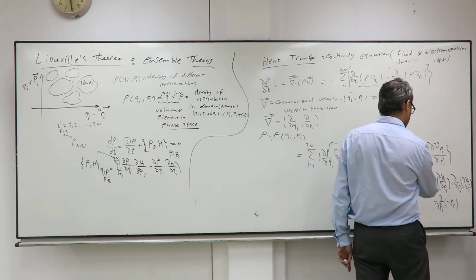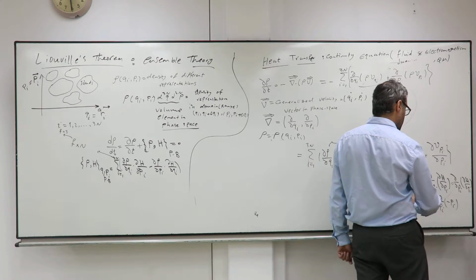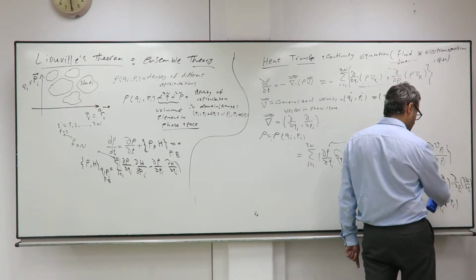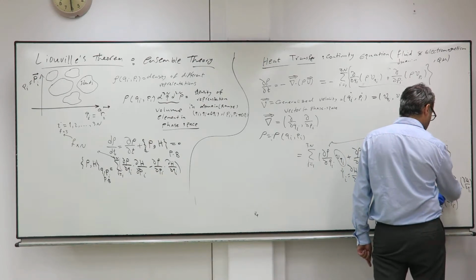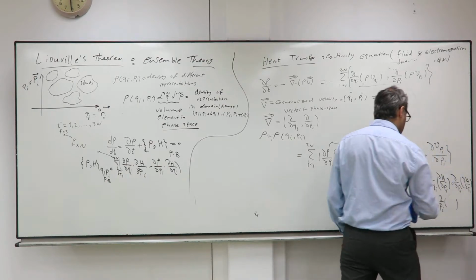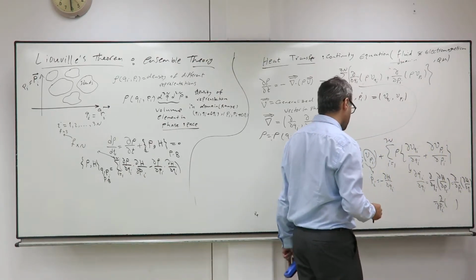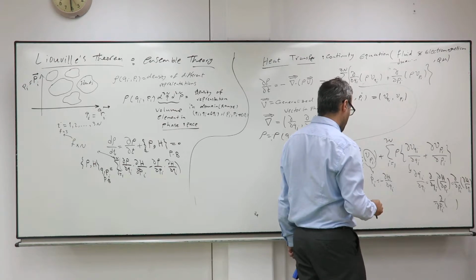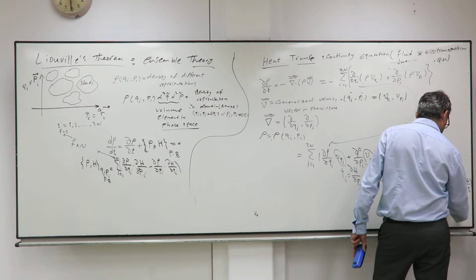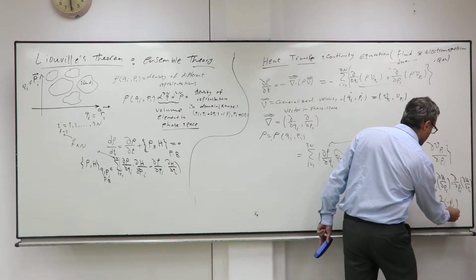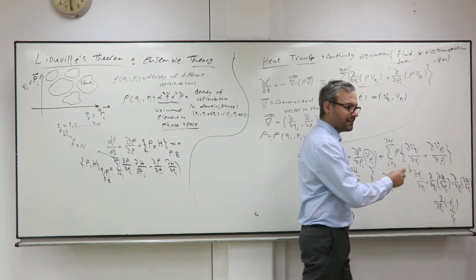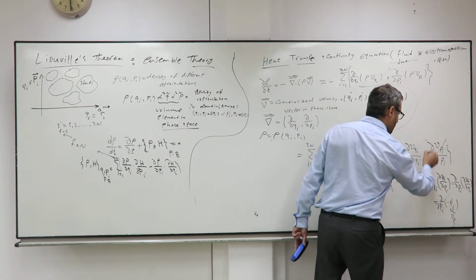This is the partial derivative of Q dot with respect to Q_i. So Q dot is the partial derivative of H with respect to P, and the partial derivative of this with respect to Q, yes. What is the partial derivative of H with respect to Q? Minus P_i dot. And you know what P_i dot is, yes? And they cancel.